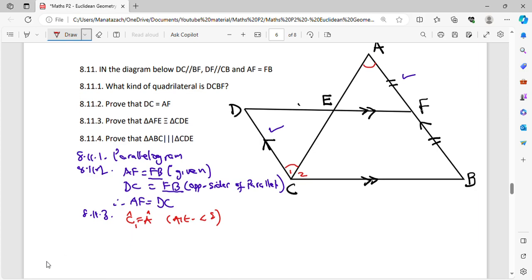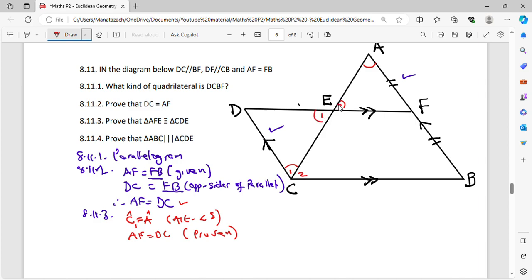And remember, we've already proven that AF and DC are equal. So let's just write that one down for this question and say it's proven. And then we can also say, lastly, as the final condition of congruency, this angle is equal to this angle.